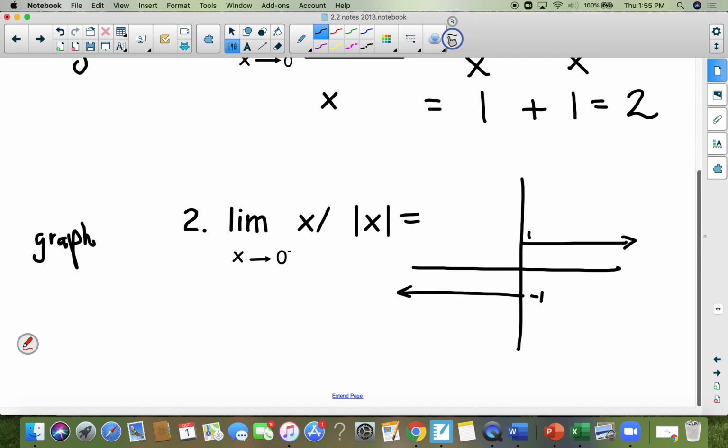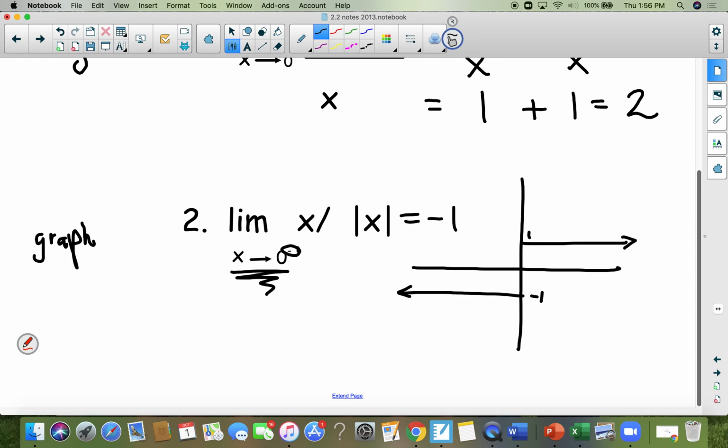What's the limit as x is approaching 0? What does this little negative sign tell you to do? From the left. So you're approaching 0 from the left side. The intended y value is -1. Is there a different answer if you're approaching 0 from the right? Yes. I think you guys are definitely understanding limits, so that's good.